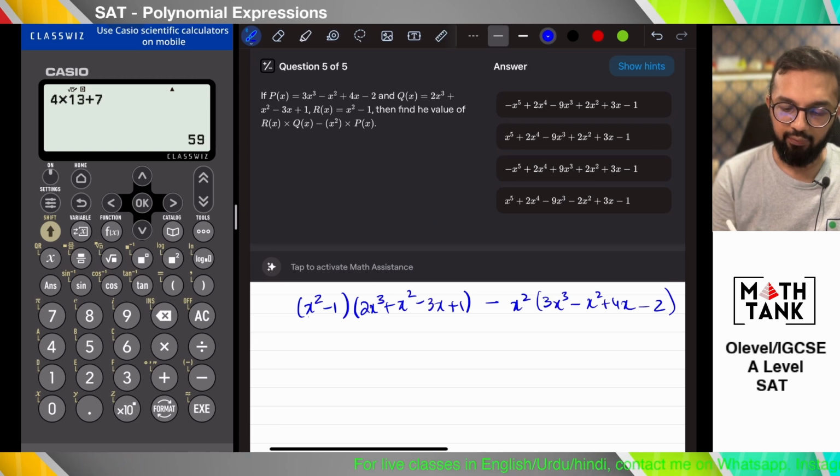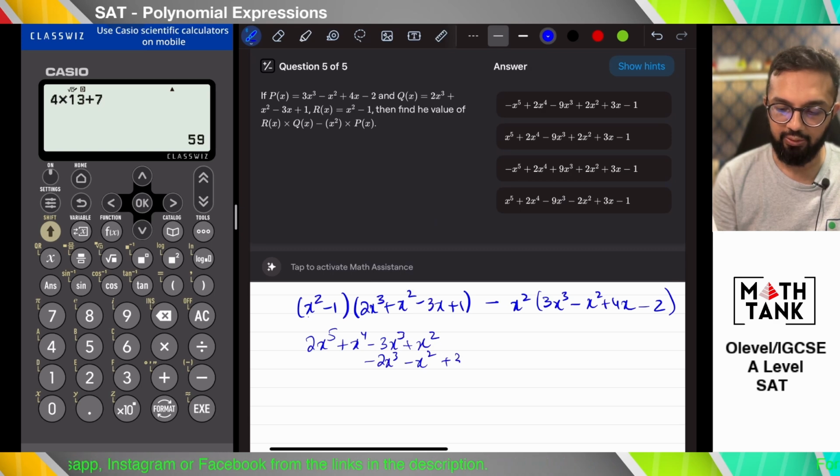So first multiplying everything with x squared, so I get 2x power 5 plus x power 4 minus 3x cubed plus x squared minus 2x cubed minus x squared plus 3x minus 1.